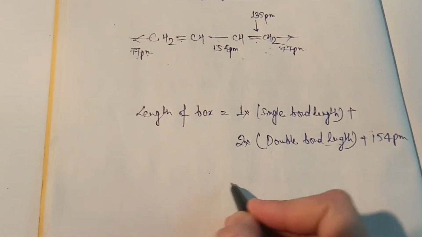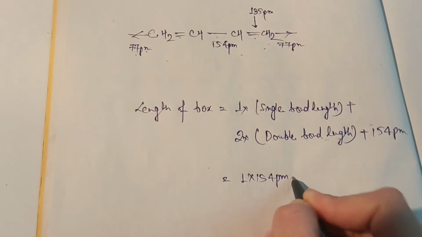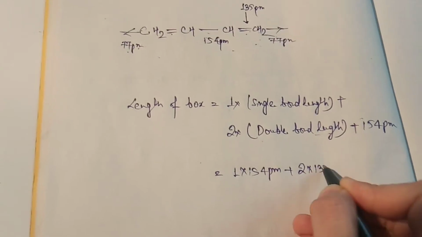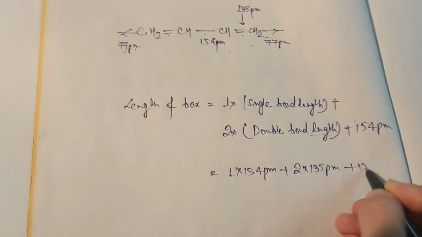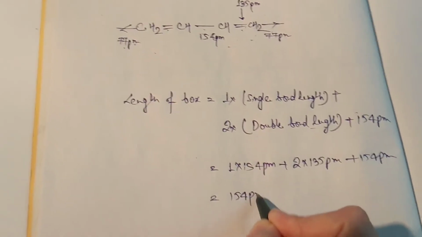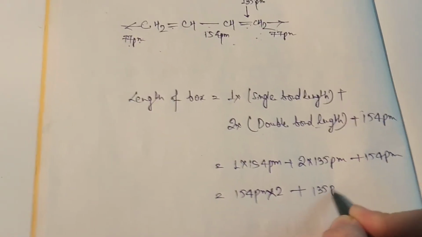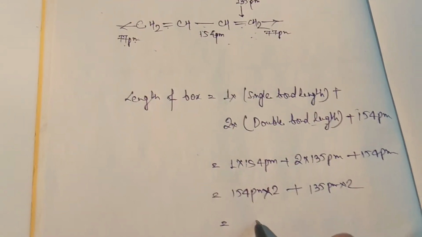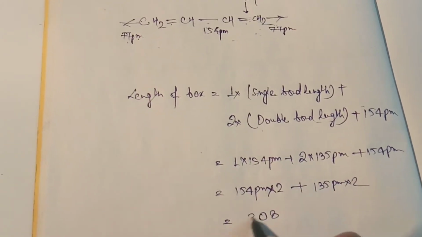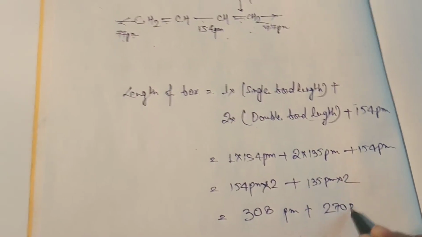So the total calculation: 1 into 154 picometer plus 2 into 135 picometer plus 154 picometer. So 154 picometer into 2 plus 135 picometer into 2, 308 picometer plus 270 picometer.